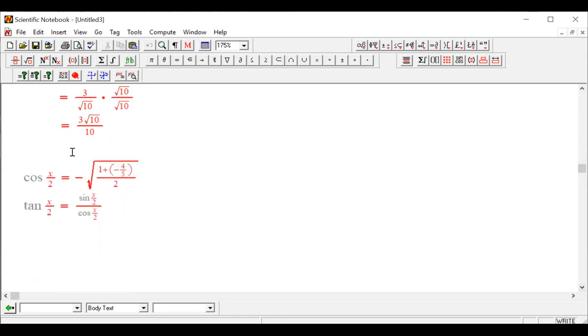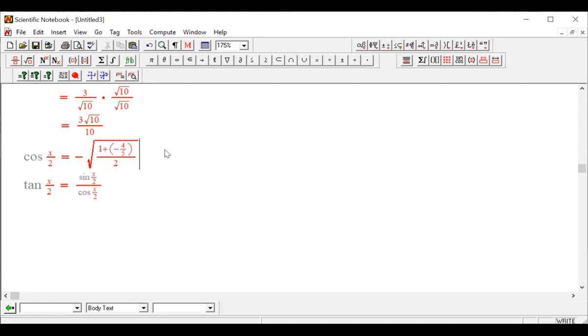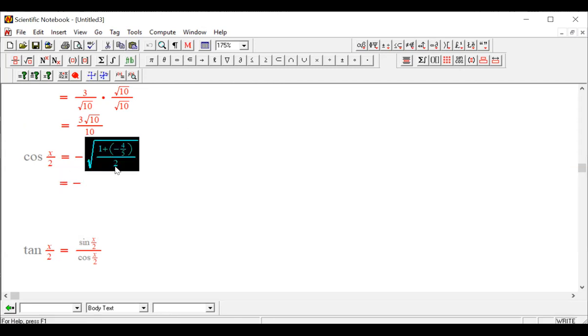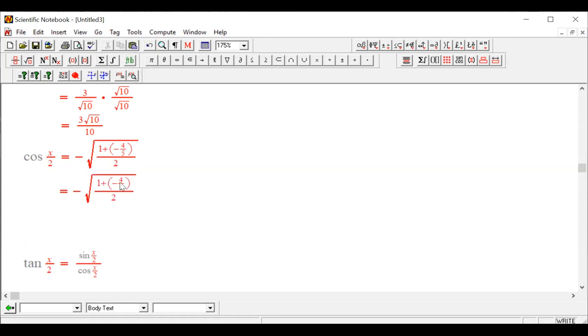Cosine, but be careful, this time we have a negative sign in front of it. And inside the radical, we have 1/5, so this is going to be 1/5, sorry.